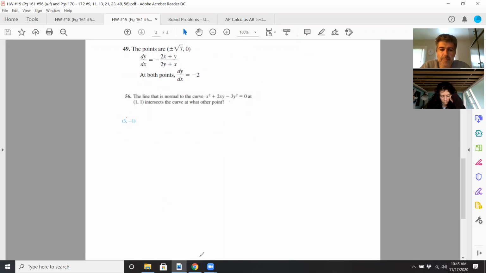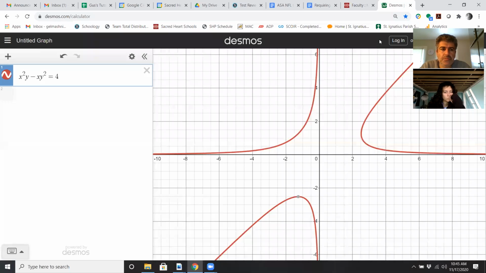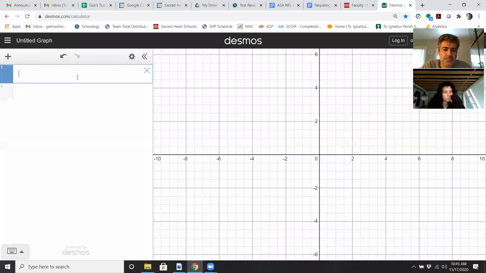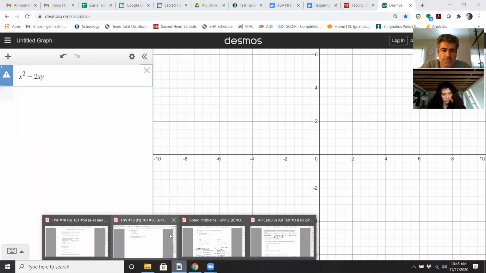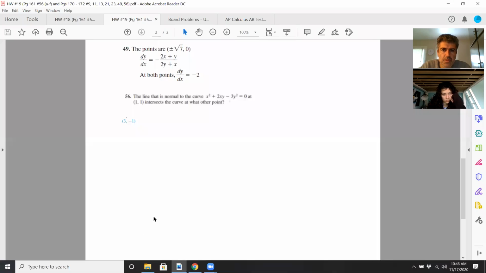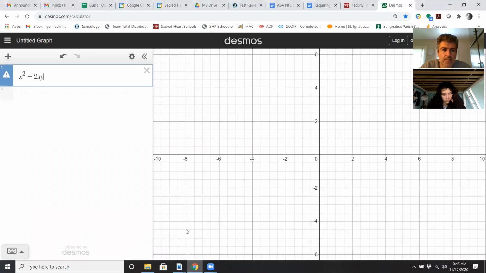Let's actually draw this in Desmos again. So x squared plus 2xy minus 3y squared, plus 2x minus 3y squared equals 0. Plus 2xy.